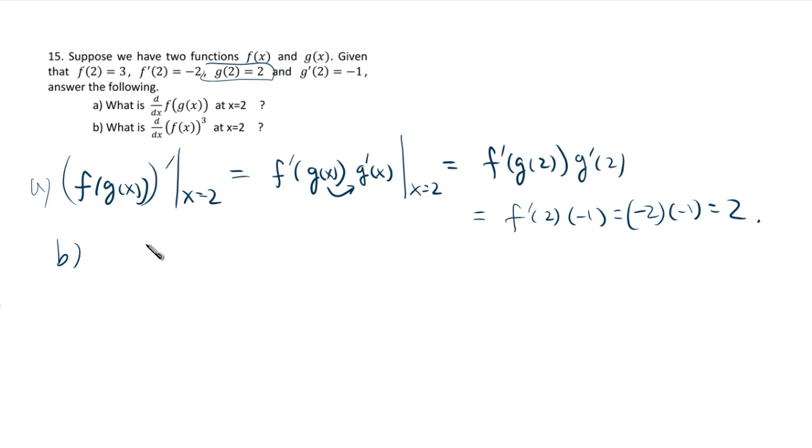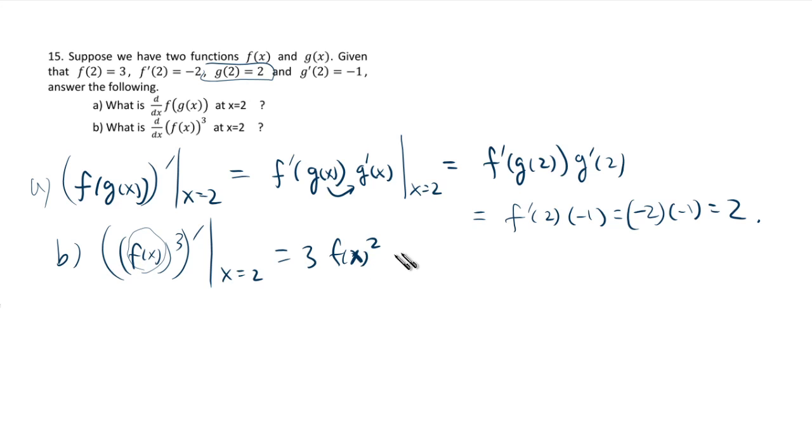How about b? This time you have f of x cubed prime, and you're plugging in x equals 2. And again, f of x is now the inside function. The outside function is x cubed, right? You just think about f of x as big X, then you have x cubed. The derivative is 3x squared. But it's not x, it's f of x squared.